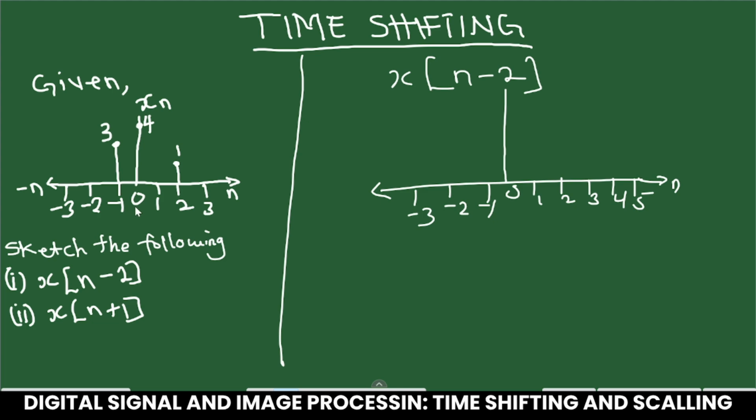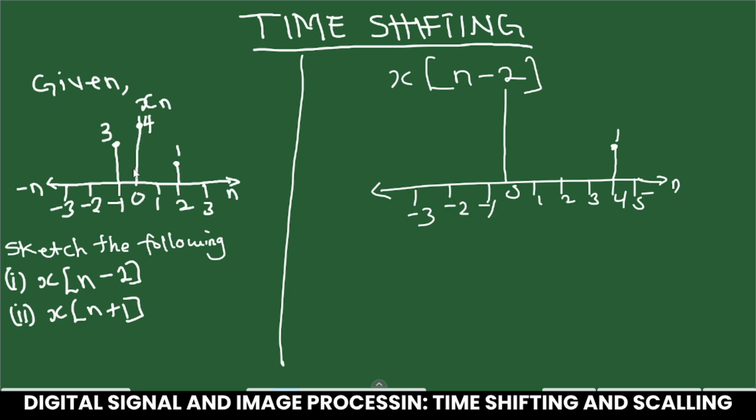If we are going to shift n minus 2, as I told you earlier, we are going to shift towards the right, and that is a time delay. Each sample here is going to move 2 places towards the right. So the sample at 1 here will move to 4. Remember, amplitude is going to remain the same.